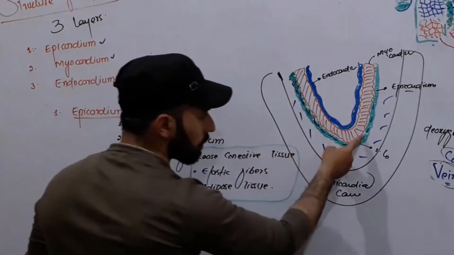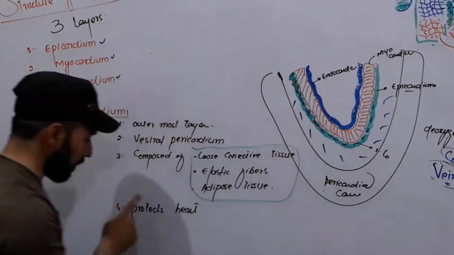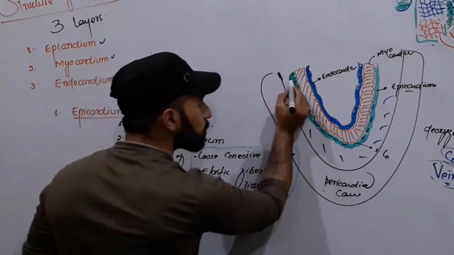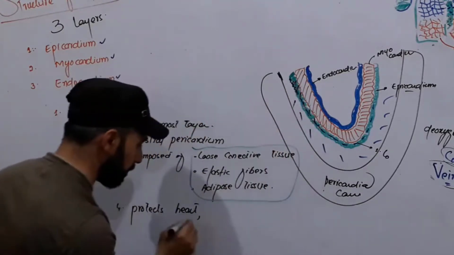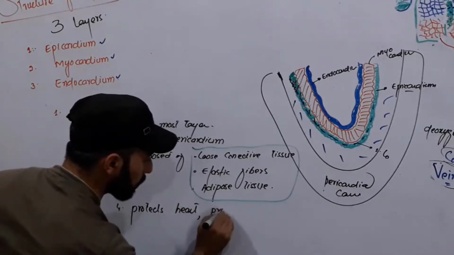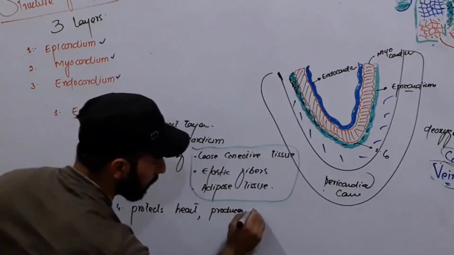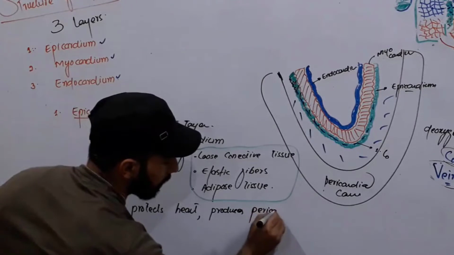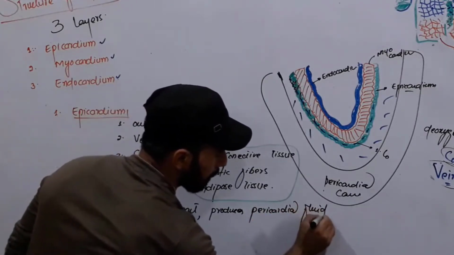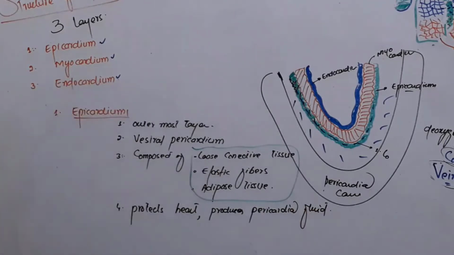So the first function of this epicardium is that it protects the heart, and here are special cells, and these cells produce pericardial fluid. The epicardium produces pericardial fluid.